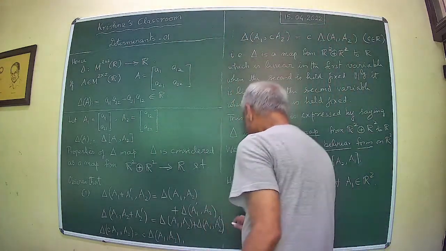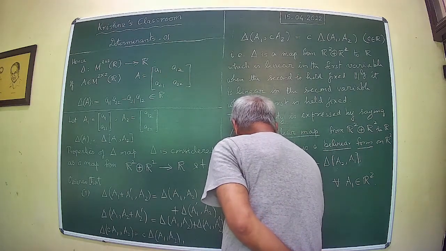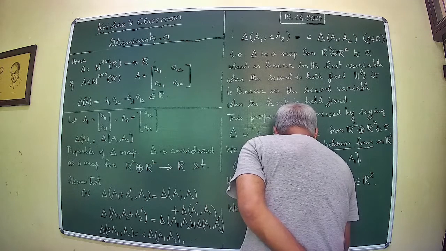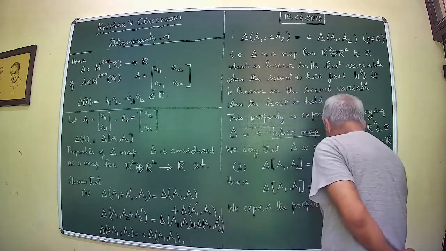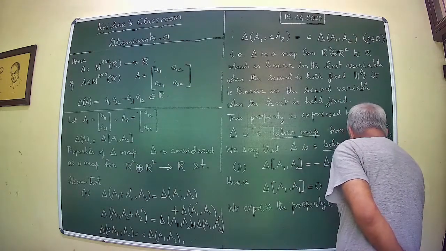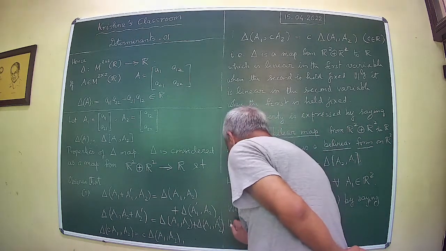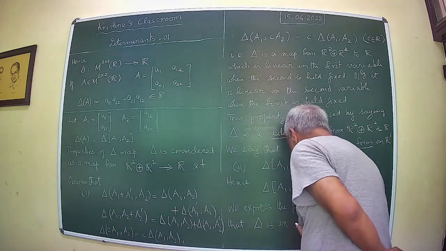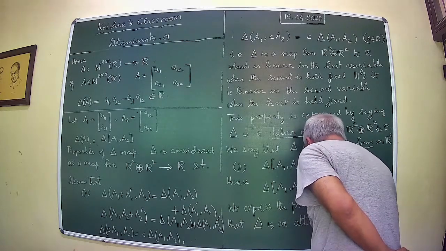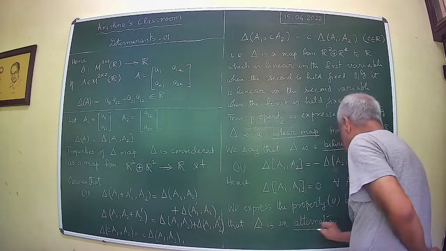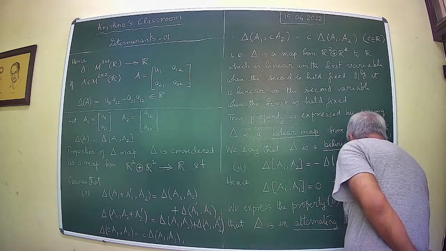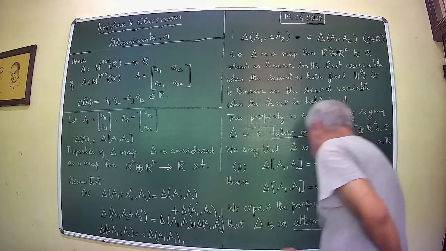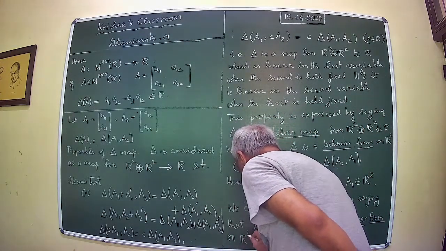Hence, we express the property two by saying that delta is an alternating bilinear form on R2.